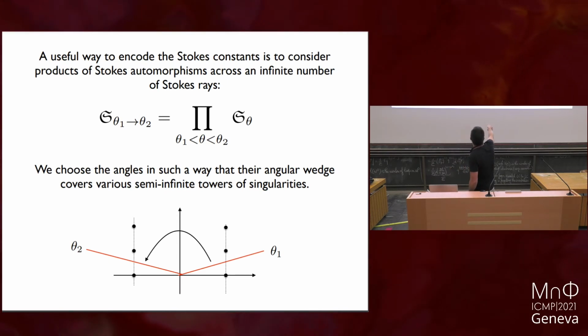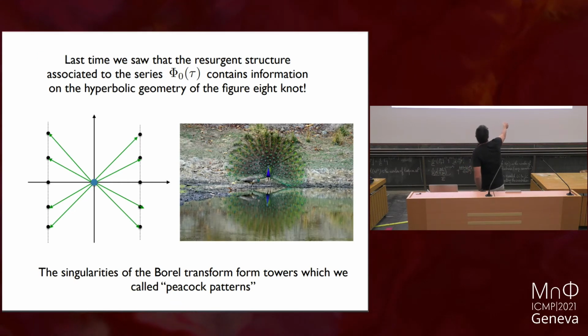So in our situation, we have towers of singularities. One way to encode all the information in these towers together, in the same object, is to take products of this Stokes automorphism along all the different Stokes rays. Remember that we have two peacocks in the game. If you look at the picture here, there are two peacocks, one peacock on the upper half plane and one peacock on the lower half plane.